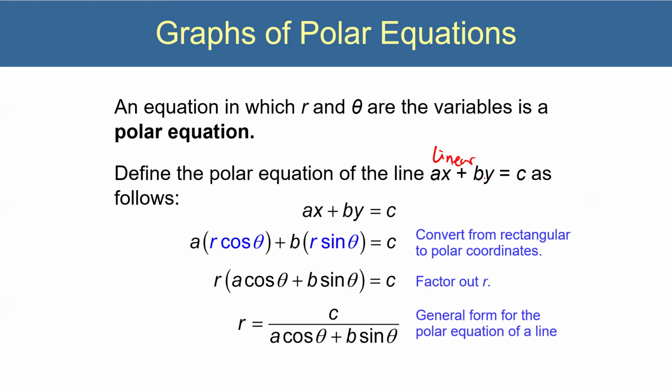So our general form going from a linear model to a polar model would be r equals c divided by a cosine theta plus b sine theta. This is the general form, our polar equation of a line.